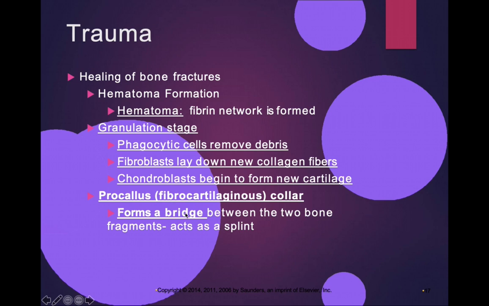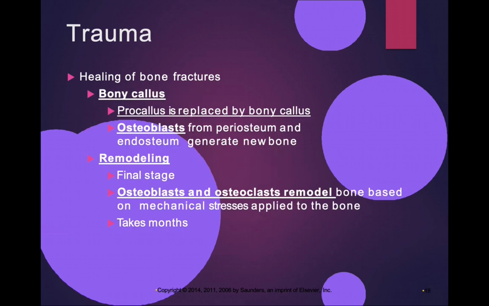It forms a bridge between the two fragments. And this procallus is designed to act as a splint. So the forming of it is extremely important. This procallus collar, which forms the bridge, the connection between the two bones, is going to try and act as a splint to hold it in place.